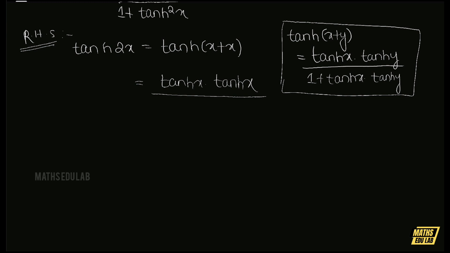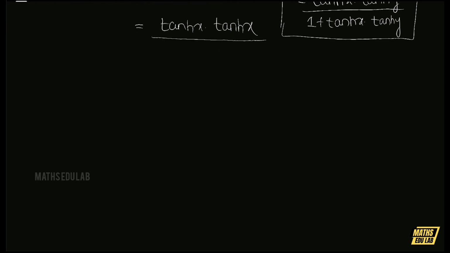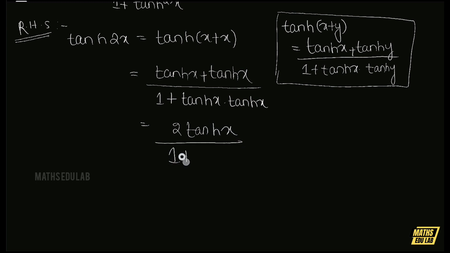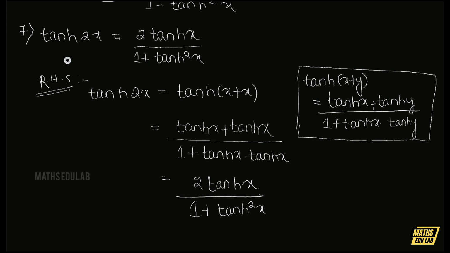Here we only have the x value, so I can write it as tan hyperbolic x plus tan hyperbolic x upon 1 plus tan hyperbolic x into tan hyperbolic x, which is nothing but 2 tan hyperbolic x upon 1 plus tan hyperbolic square x. So this is what we got here, the formula of the tan hyperbolic 2x value.